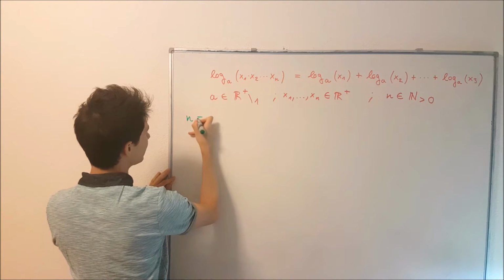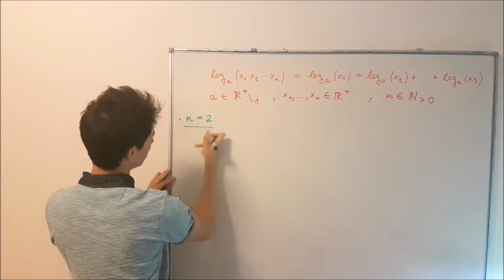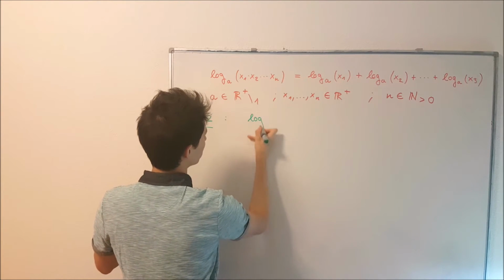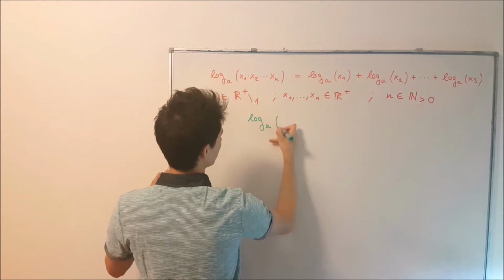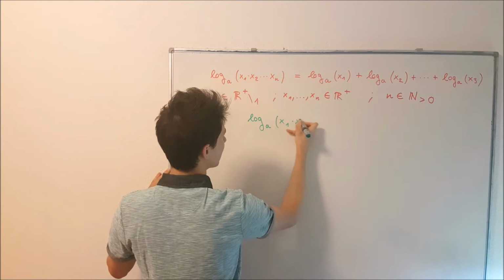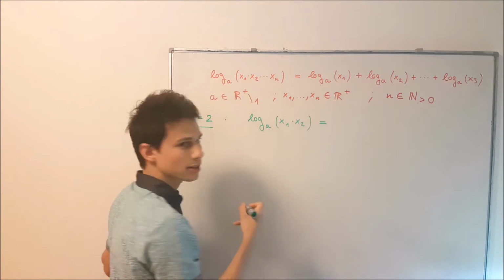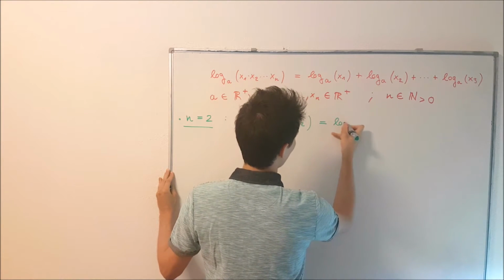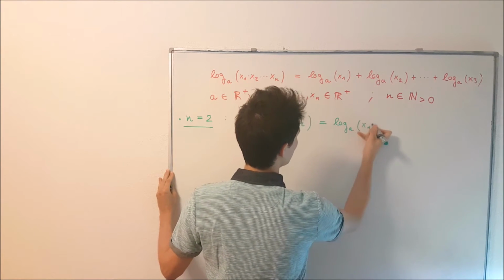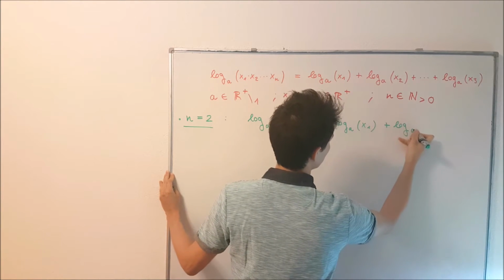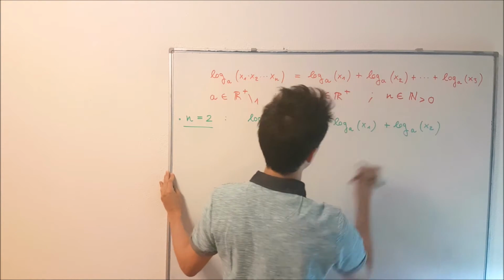So let's set n equal to 2. What we then get is the following. The log to any base a of x1 times x2 is simply equal, by following this rule, to the log to base a of x1 plus the log of x2.